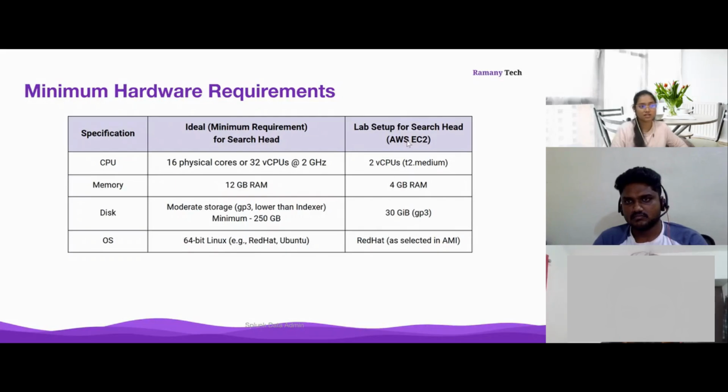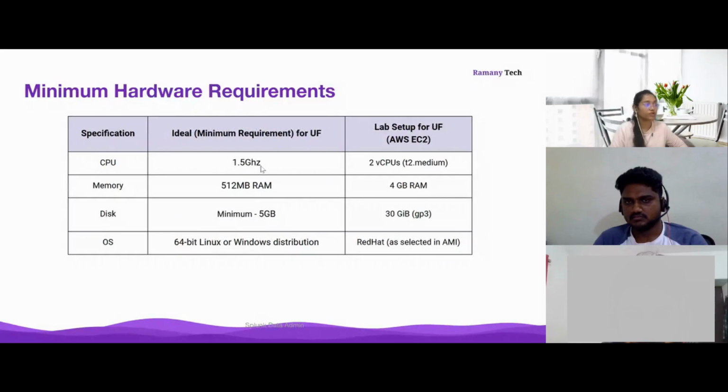Similarly for the search head, we are using the same configuration for the lab setup. So this is fine for now. Now for the UF, the universal forwarder is a forwarding tool which is going to be installed on different servers where we have different applications running.